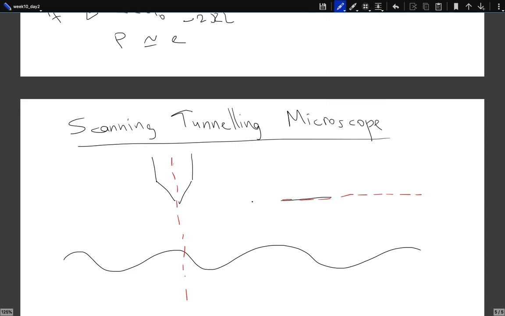We have a low potential energy. Let's say this is point A, this is point B. At point A, the potential energy increases, and then at point B, it decreases again. This is what the potential energy will look like along this line.